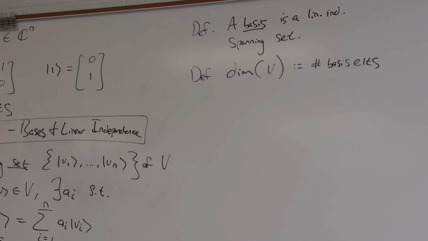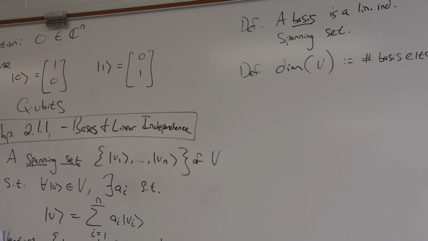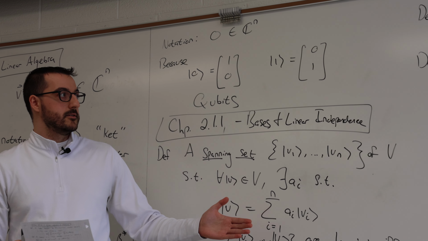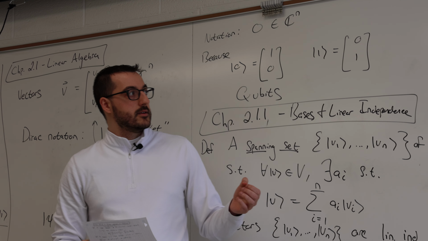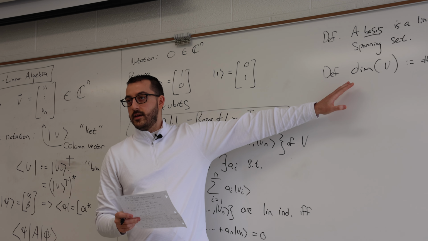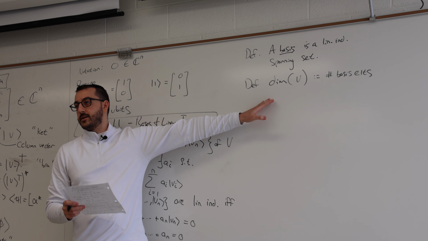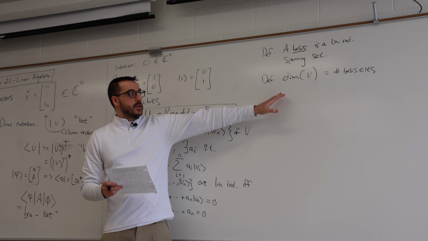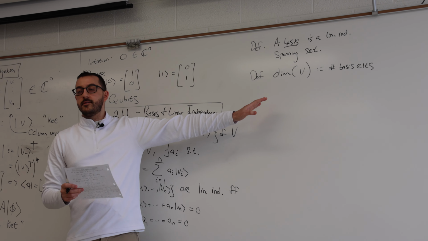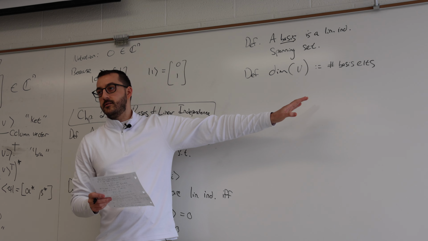Now, all of quantum mechanics happens in a vector space, actually a Hilbert space, which we'll get to. If you take an actual physics course, a quantum mechanics course, usually you'll work in an infinite dimensional Hilbert space, infinite dimensional vector space. In this course, almost exclusively, we will work in a finite dimensional vector space.